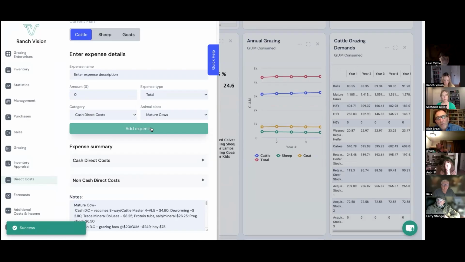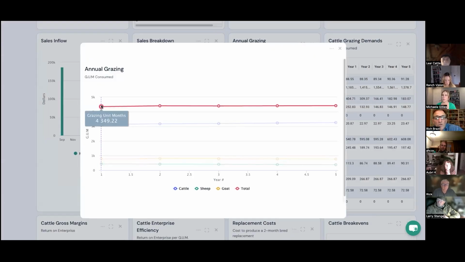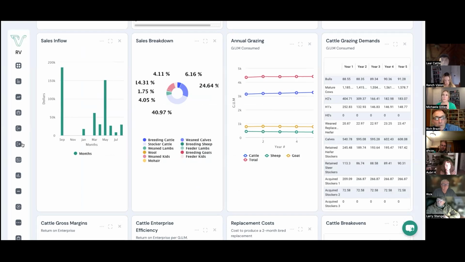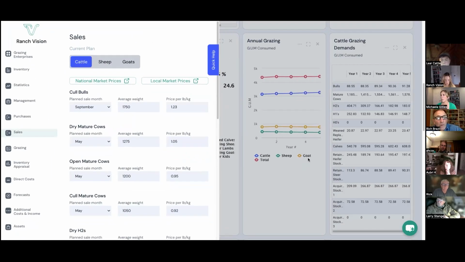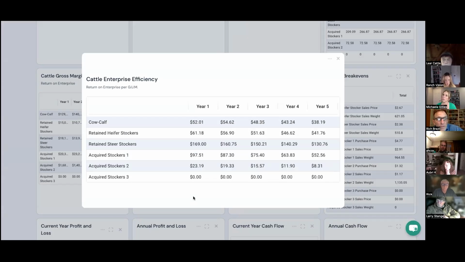But now our expectation is that we can use another 1,000 grazing unit months. So what's our best alternative for doing that? Go to the enterprise efficiency report, and we see that our retained steer stockers are returning $169 per grazing unit month, per unit of grass.